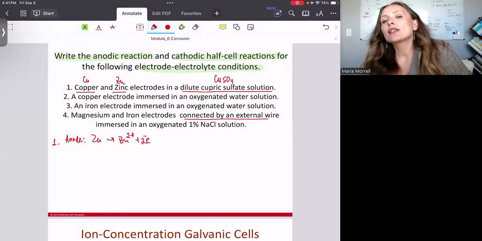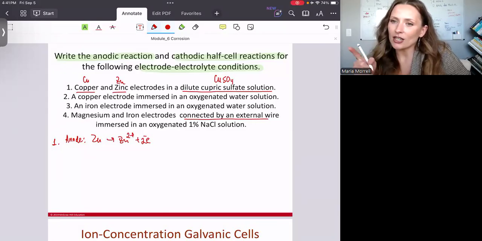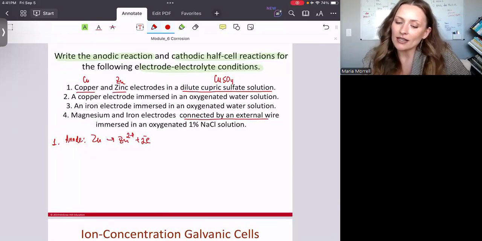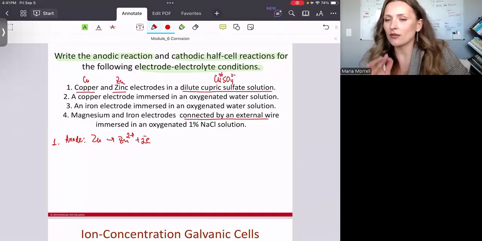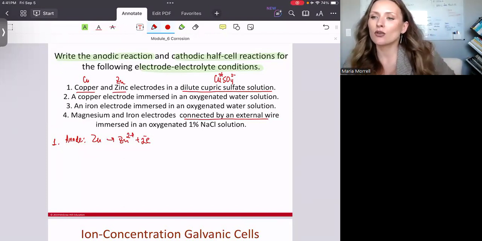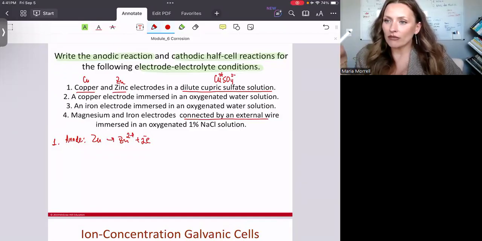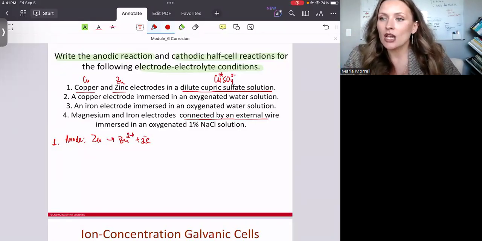What's going to happen with my cathode? I know that my copper is the cathode. Will I have copper electroplating back? Technically, yes, because I will have Cu2+ and SO4 2- ions. Because I have copper available floating everywhere in the solution, it is ready to accept the electrons and electroplate back on my copper electrode.